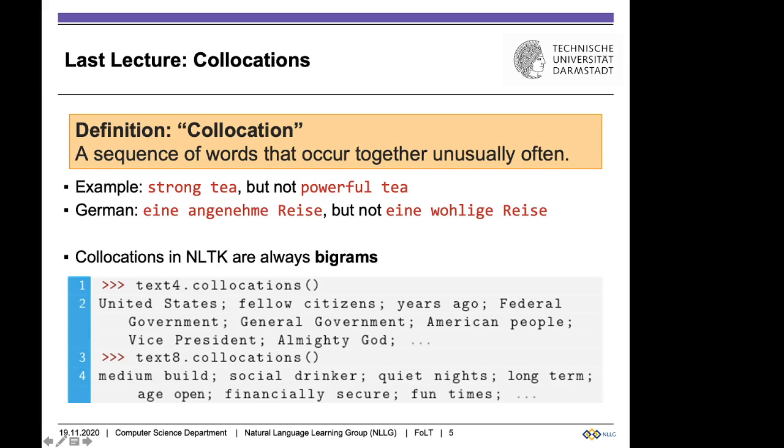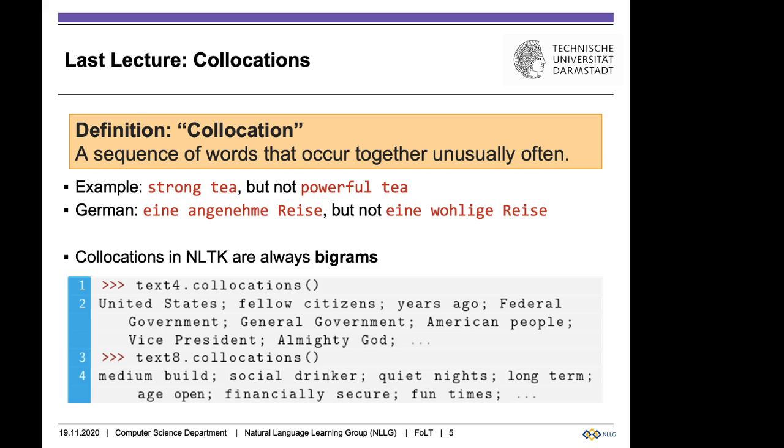Also, we learned the concept of n-grams, such as unigram, bigram, and trigram. The difference between these grams is that every word unit has a different length. For example, with bigrams, every word unit has a length of 2. And usually we can use bigrams to find collocations, which are sequences of words that occur very often together.